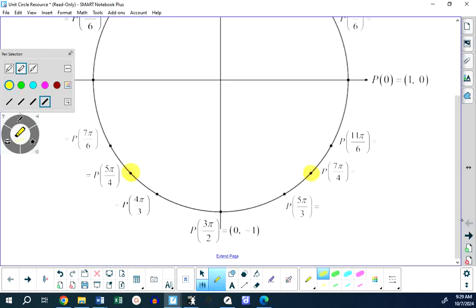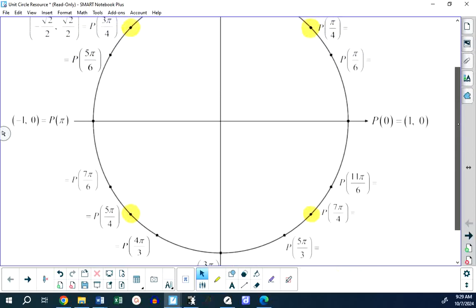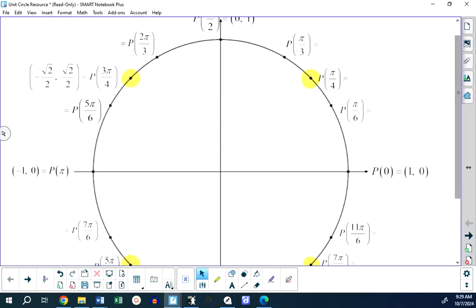We know the x and y coordinates have the same amount, except that some are positive and some are negative, depending on where we are. And you should know, and I've already got it up here for you, that it's root 2 over 2, root 2 over 2. So we can put in the coordinates here. We can put in the coordinates down here as well in quadrant 3 at that relative position.